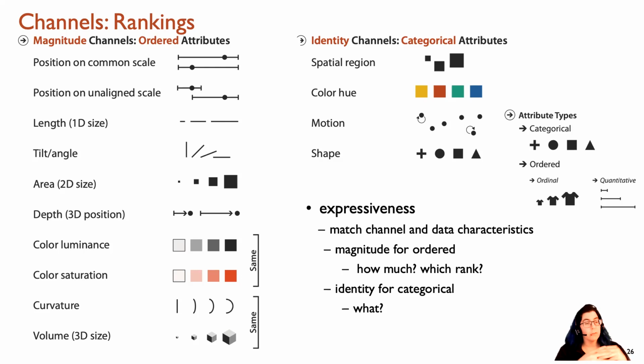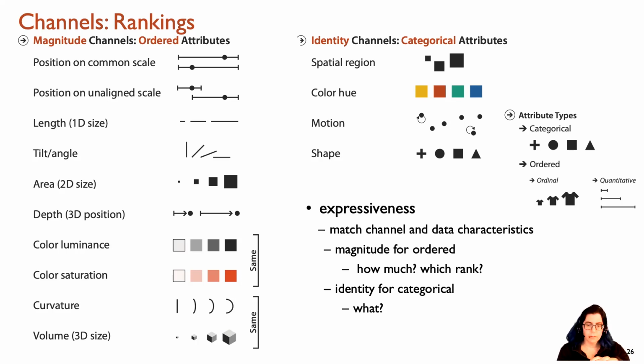And so there's a bunch of these. So position, length, tilt. You could say how long is something? How tilted is it? How big is it? How dark is it? How saturated is the color? How curvy is it? So these are all intrinsically communicated to your perceptual system as magnitude. So they're very good for answering questions like how much.